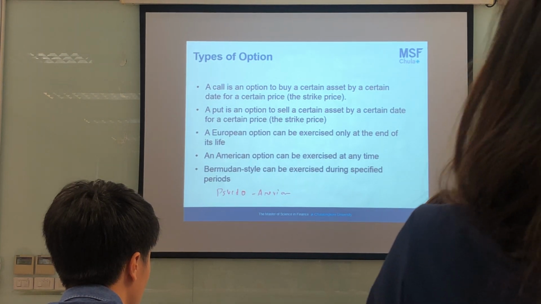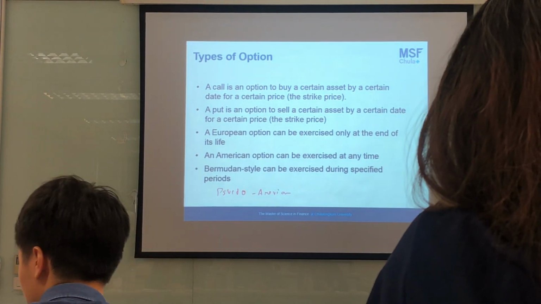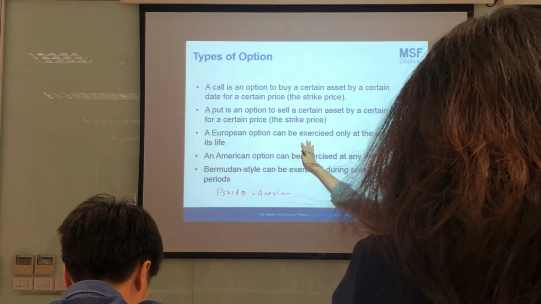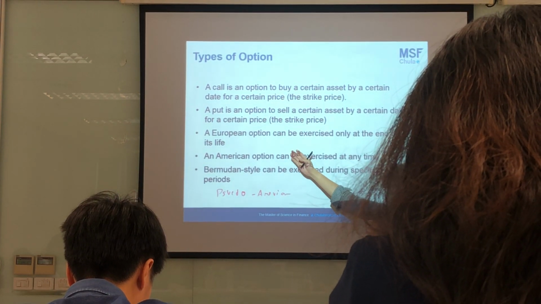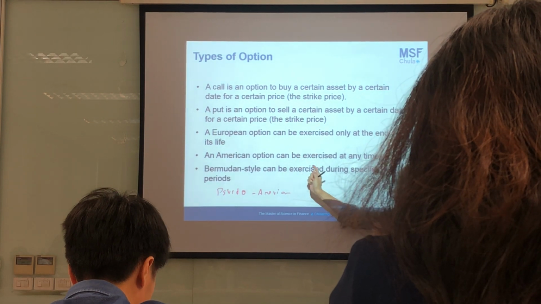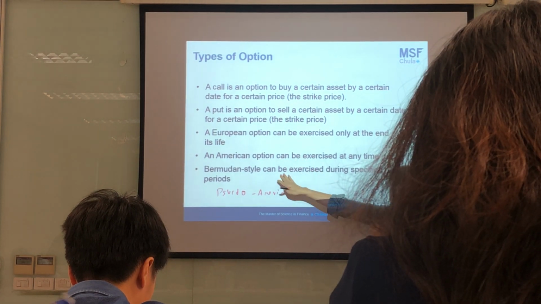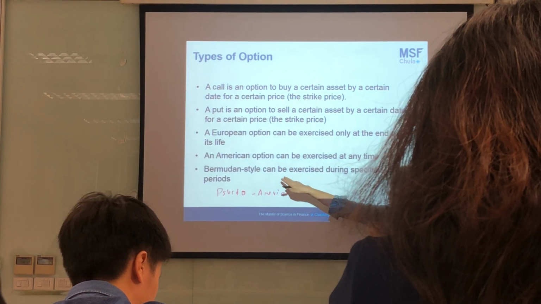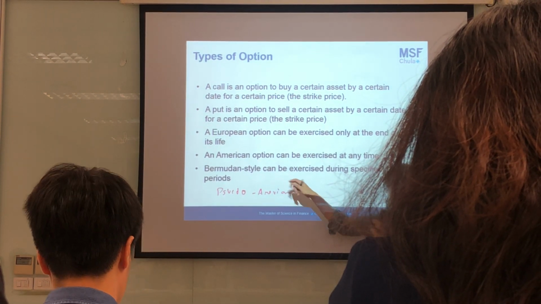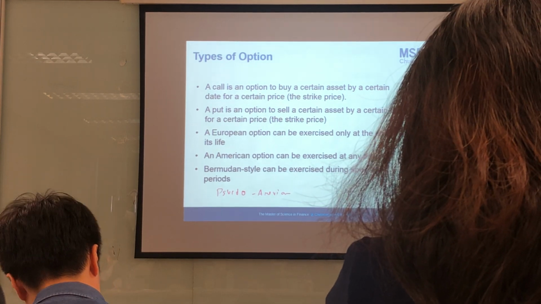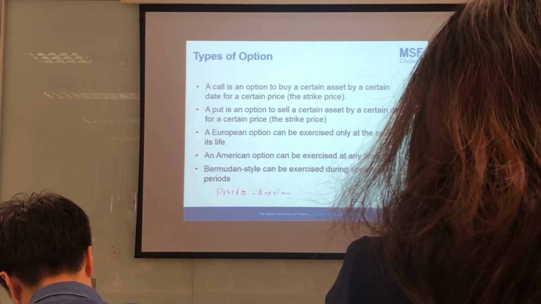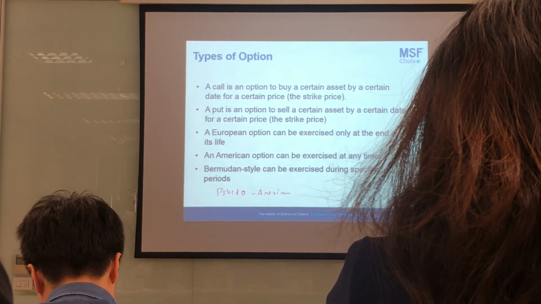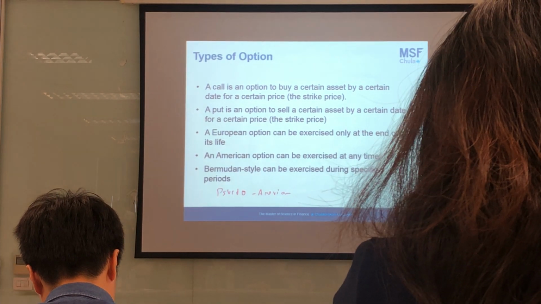The Bermudan style option is in between the American and European option. In the case of the call, a warrant is a very good example of a Bermudan style option, because you can buy the underlying asset more than one time, but not at any time like the American call option.